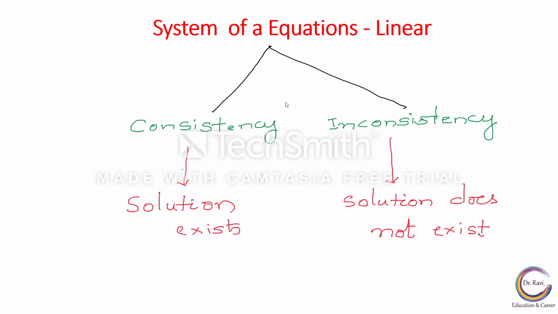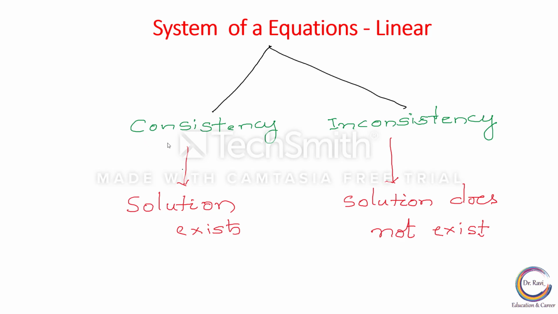Now before solving the system of equations, we will have some discussion related to the solution of the system of equations. When we discuss system of equations, we talk about two terms. One is consistency, the other one is inconsistency.